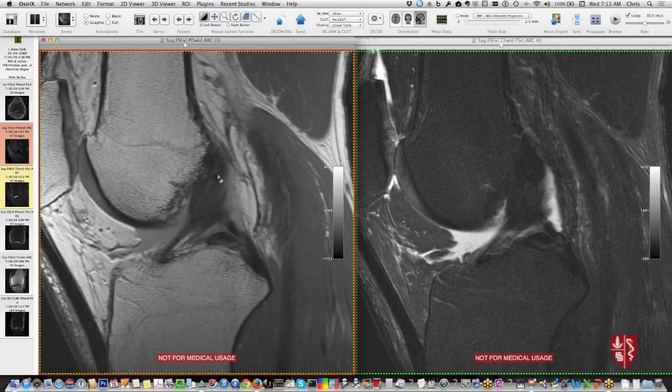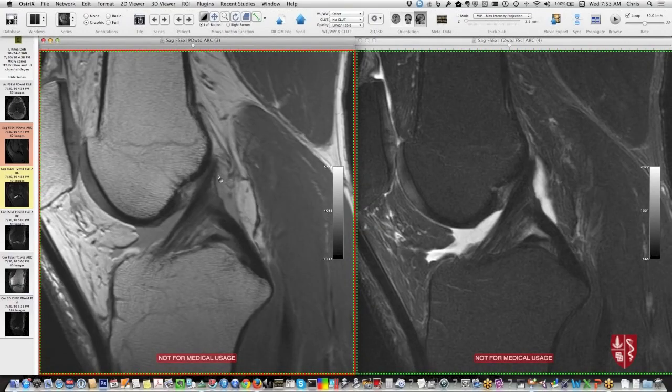You don't always put it together in one slice, so you have to scroll back and forth, but criteria for the ACL include that it obviously should be in continuity, and it should be steep. It should be as steep or steeper than Blumensaat's line right here in the intercondylar roof. And on T2 weighted imaging, it should be low signal.